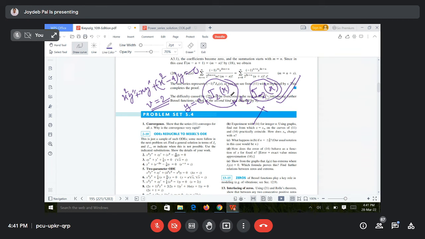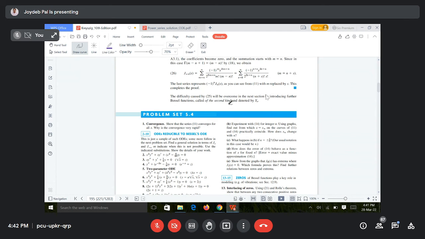Actually, there is a solution to get rid of this type of problem. If nu is an integer, then how to write the general solution? In that case, we will consider the second kind of Bessel function. I told you J nu is called the Bessel function of the first kind.